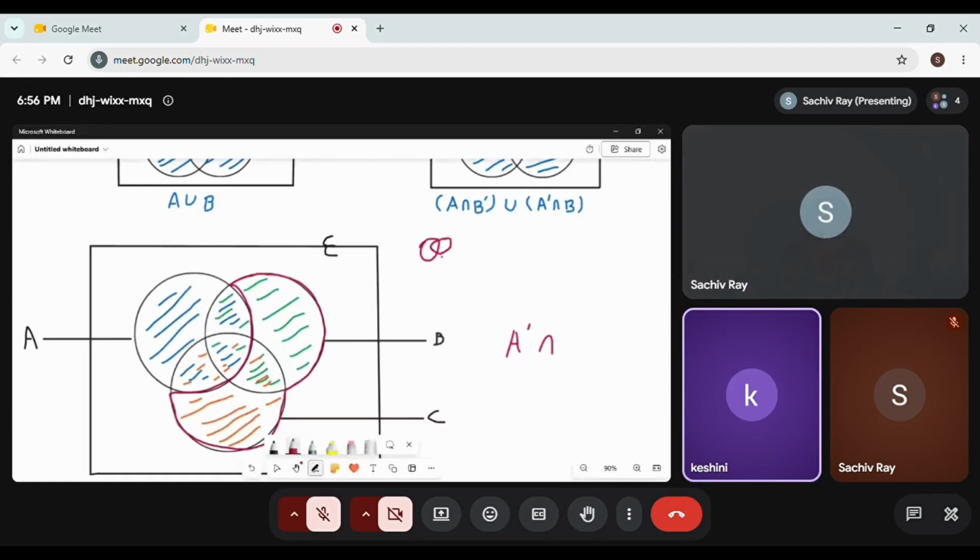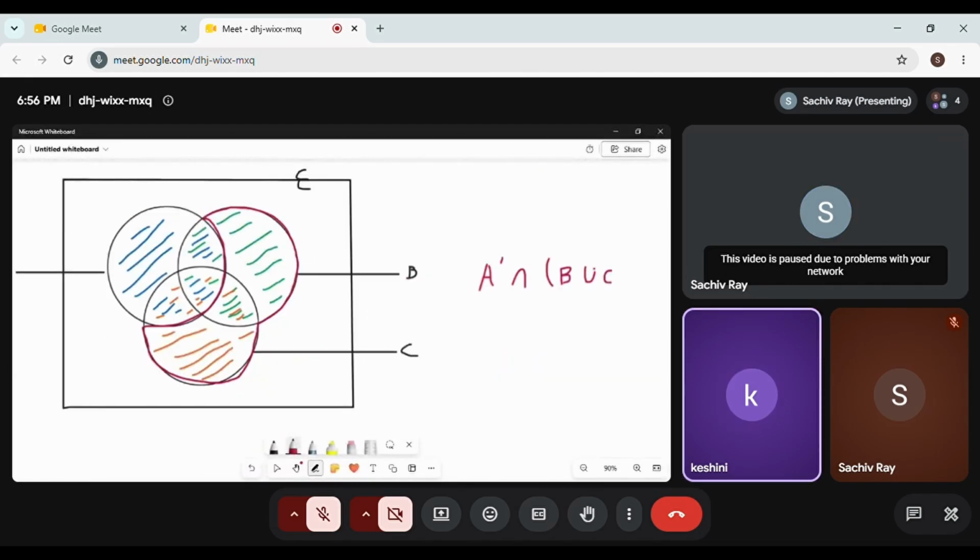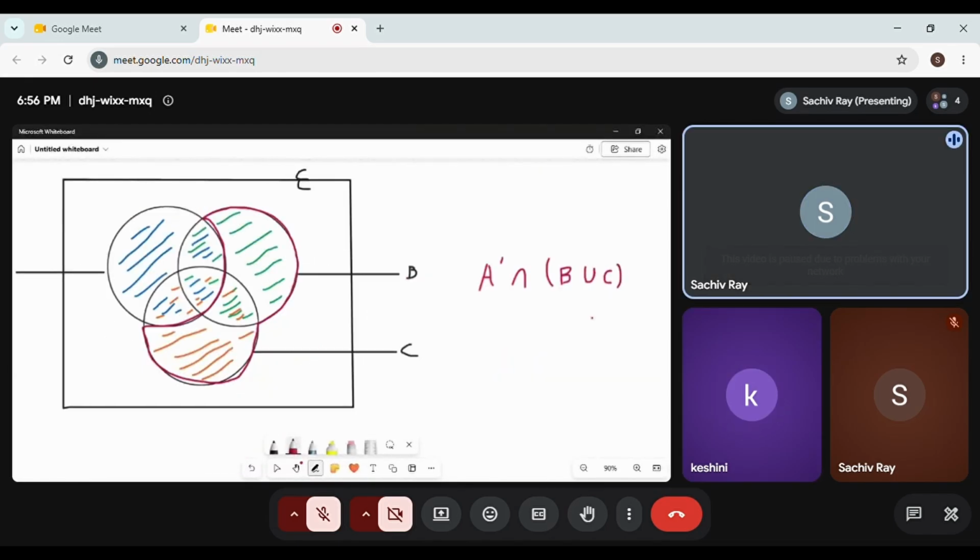We treat B union C as one set, intersecting with A complement. Are we clear?